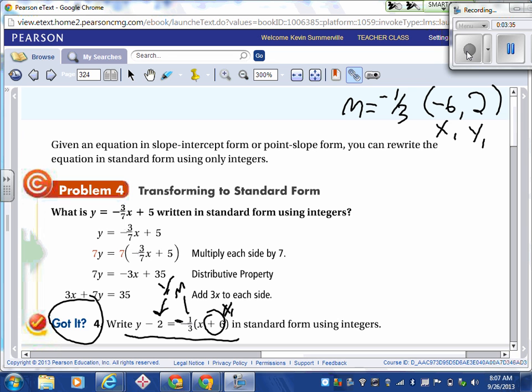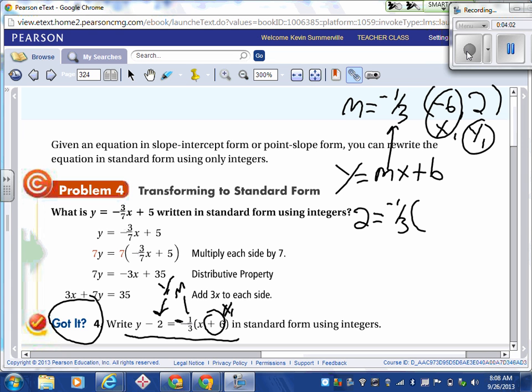To do that, I can take y equals mx plus b, right? And then I'm going to substitute those numbers in. I have y, which is 2, equals my slope, which is negative 1/3. I have my x, which is negative 6, plus b.